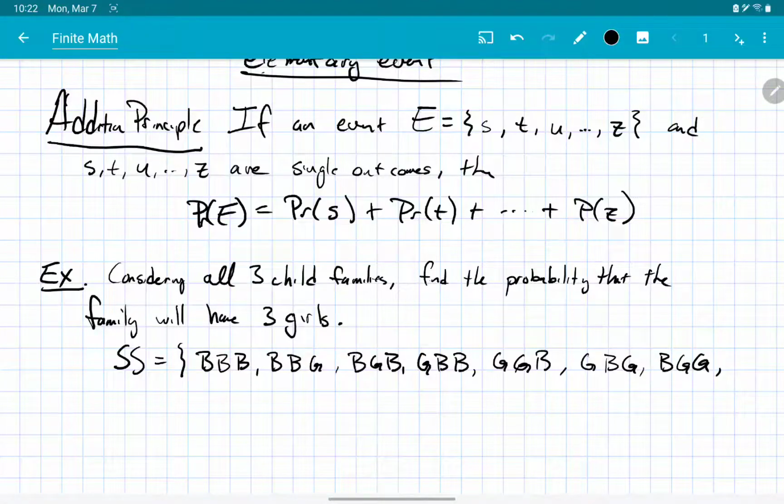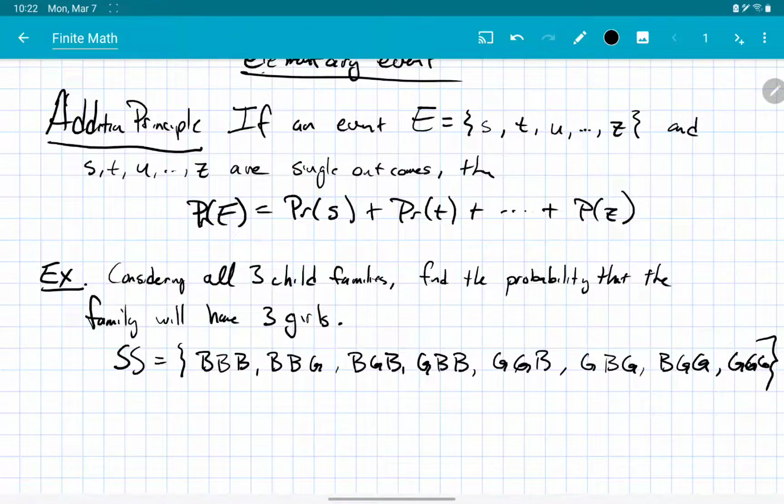That exhausts the 2 girl, 1 boy possibilities, and then finally we have girl, girl, girl. Okay, so we should have 8 things in this sample space because 2 cubed is 8. 1, 2, 3, 4, 5, 6, 7, 8.